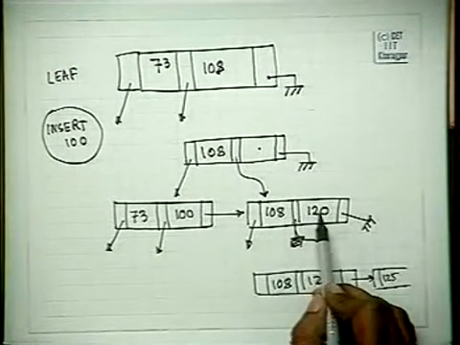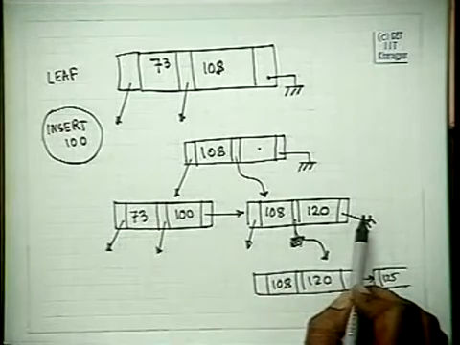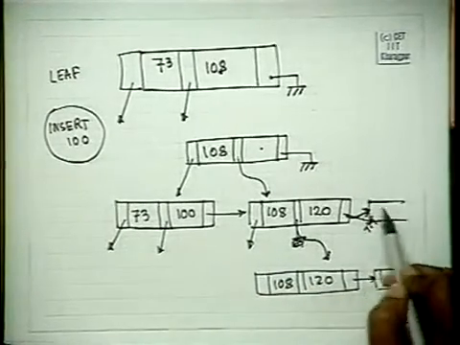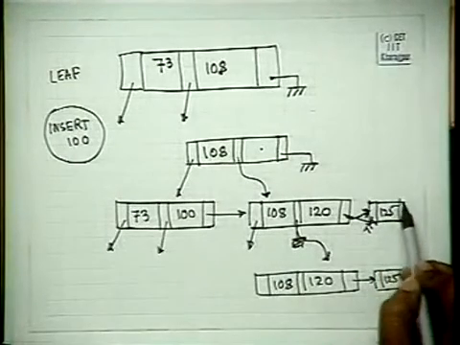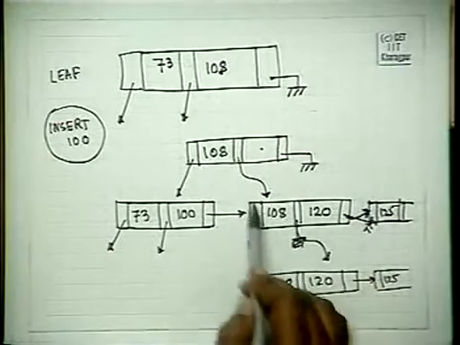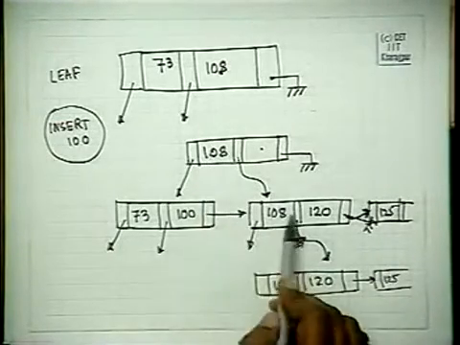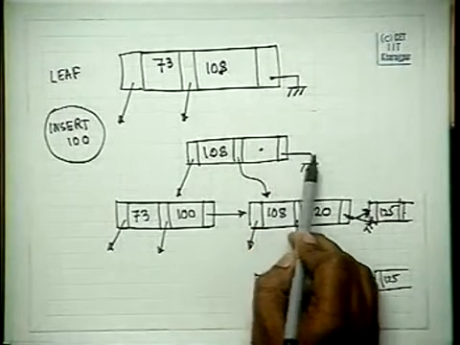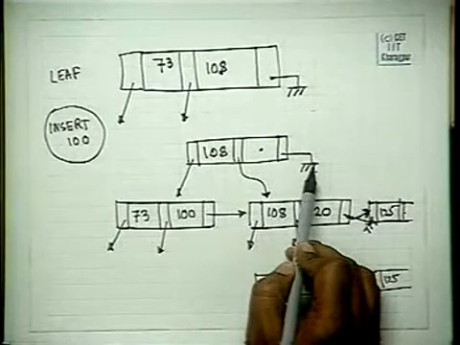Here, since 125 is beyond this, I do not need to change anything here. I will just add another one with 125 and put it here. I need not update anything here because this is the minimum this side. Since this side is null, the value here will be the minimum pointed here.